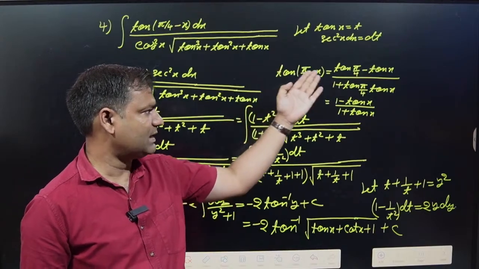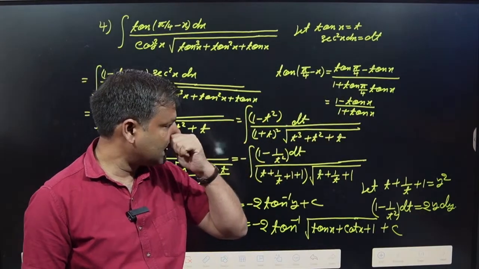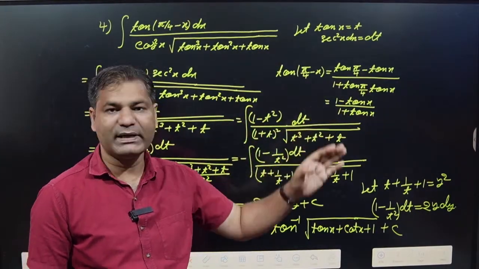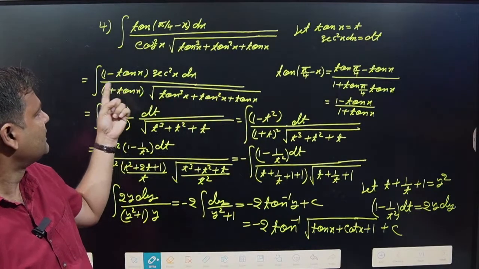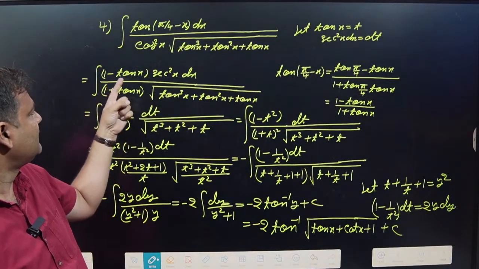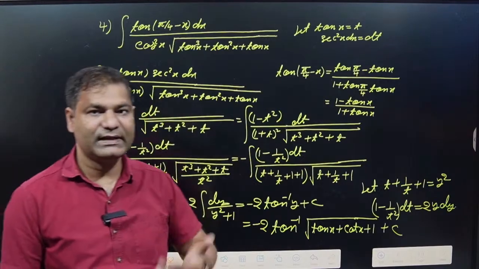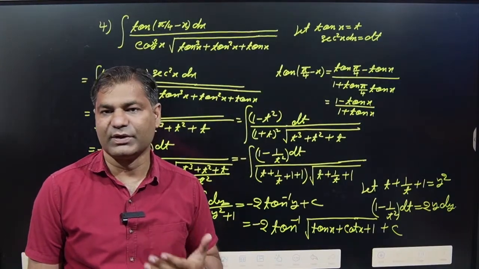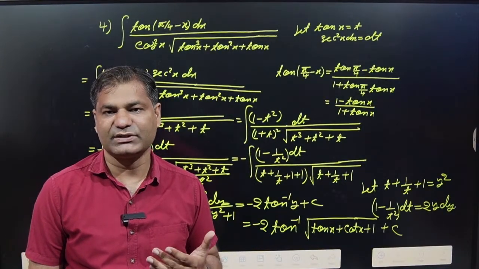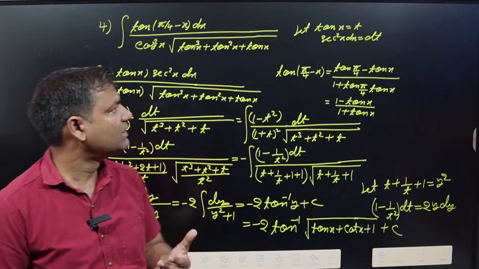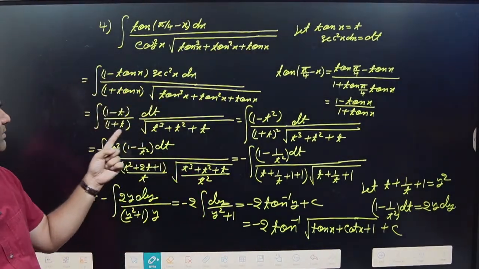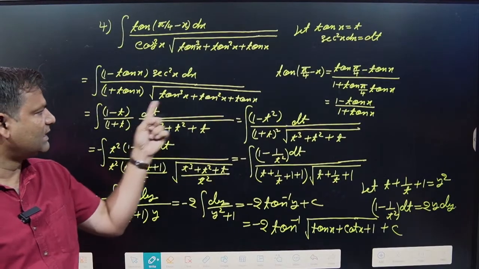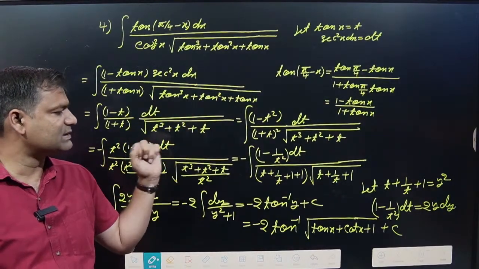So it becomes 1 minus tan x upon 1 plus tan x. Next, if tan x is equal to t, then differentiating, sec square x dx is equal to dt. So this is replaced by 1 minus t upon 1 plus t dt divided by t cube plus t square plus t.